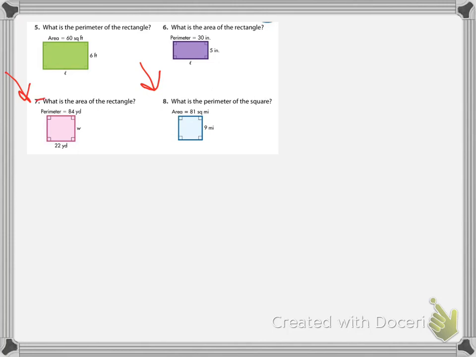And ignore the questions. We're not worried about the questions right now. We're just finding what the side is. 7 has the perimeter, so you're looking for the width. And 8 has area, so you're looking for the length. Okay? So I want you to solve both of those, and we're going to check them tomorrow.